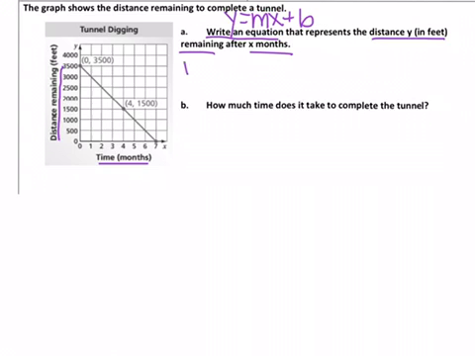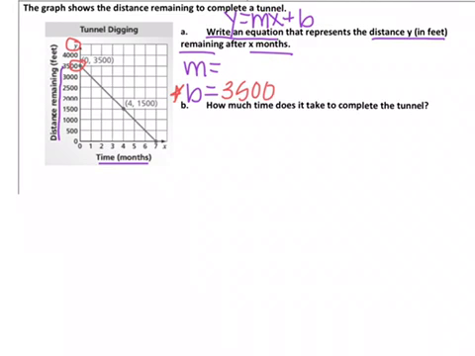So I do have to find out what my slope is, and I do have to find out what my y-intercept is. The first thing I'm going to do is find my y-intercept because it's easier. I have that at the y-axis, the graph crosses at 3,500. So that is what my equation is going to entail. Now let's talk about our slope.